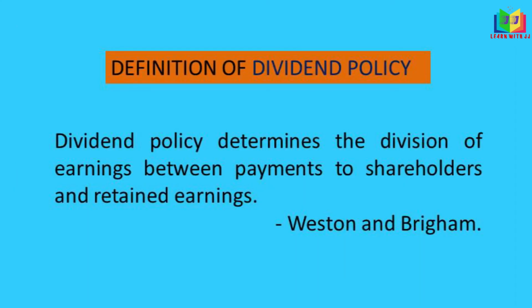Next we'll see the definition of dividend policy. According to Weston and Brigham, dividend policy determines the division of earnings between payment to shareholders and retained earnings. It is just the division between the payment to the shareholders and the retained earnings that is termed as dividend policy.